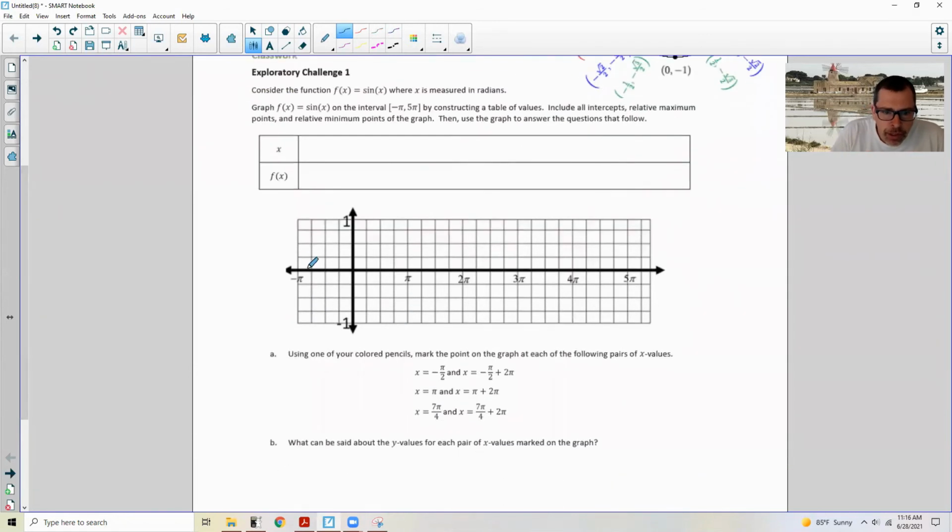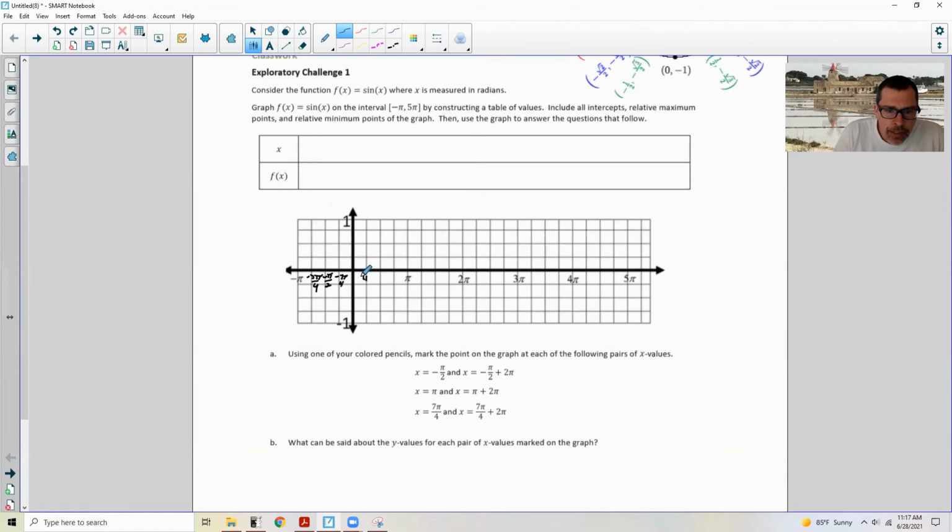So let me bring this up. This location right here, I'm not going to put those hash marks. They just take too long and get messy. This is negative 3 pi over 4. And this is negative pi over 2, negative pi over 4.